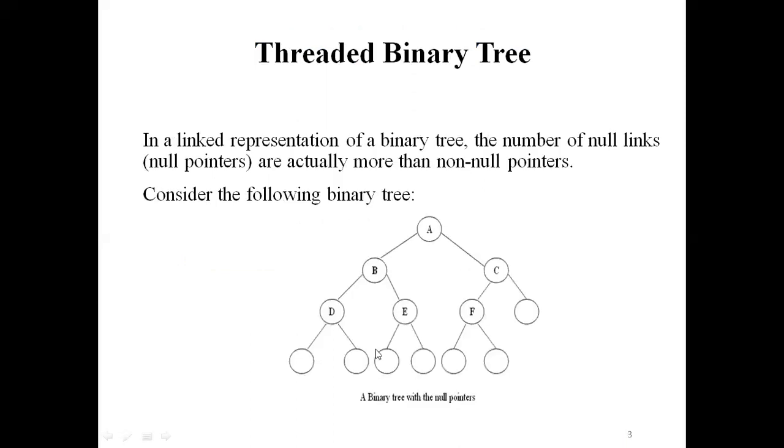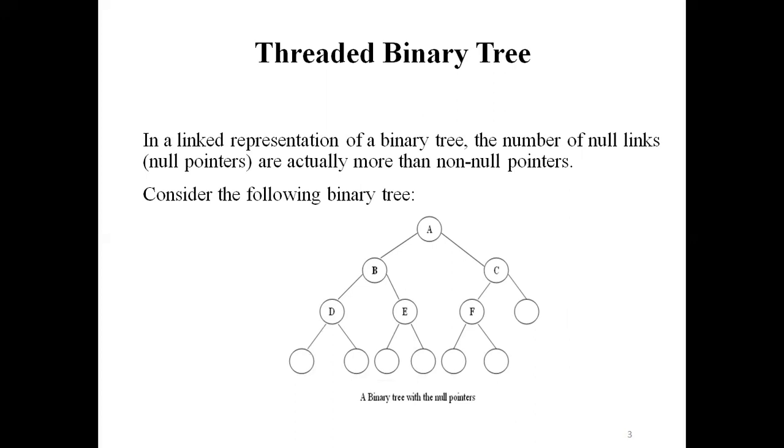So ultimately what we are doing here, this memory which is supposed to hold the address of its left child is actually not holding any address. It is storing null value. So lots of memory is wasted in just storing the null value instead of storing any useful data. So in threaded binary tree, we are going to make use of all these fields which are now holding null value.